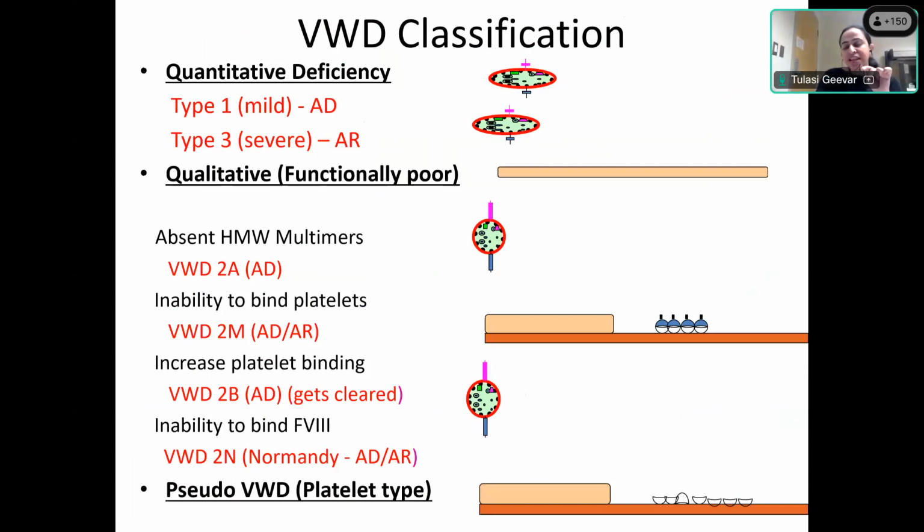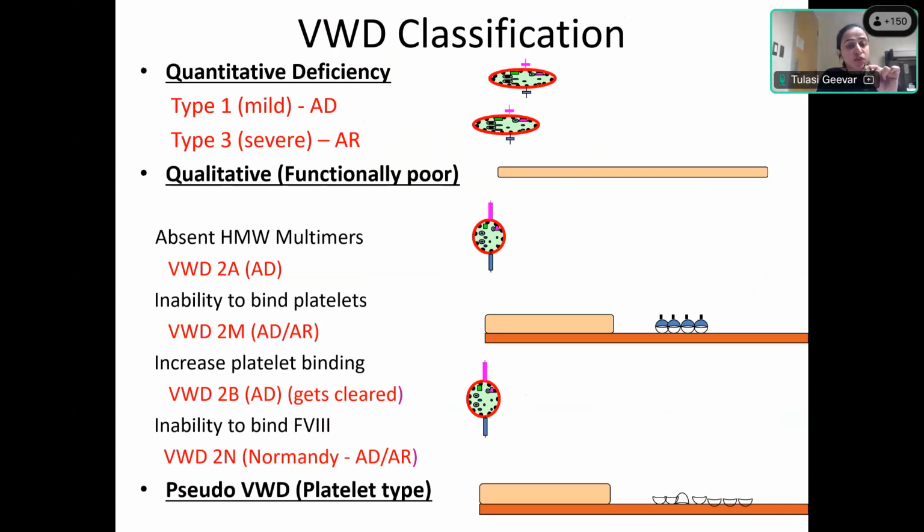So when there is a selective loss of high molecular weight multimers, that is type 2A. In 2M, the multimer pattern is normal, that is, you have high, intermediate and low molecular weight, but the binding of von Willebrand factor to platelets is defective. So that is type 2M.